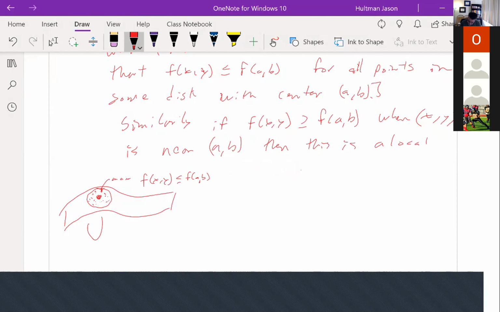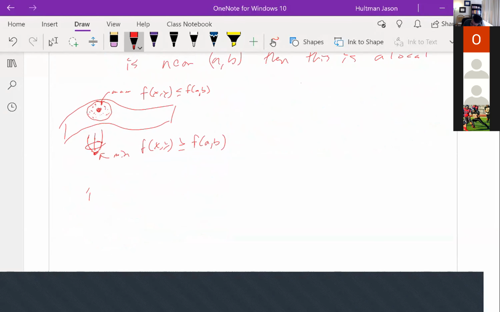If all of them are bigger, say we have this, if all of the points are bigger on this surface, then it's a minimum. Minimum if all the other points in the neighborhood are bigger, then it's a minimum. That's all it's saying. Okay, then it's a local minimum.